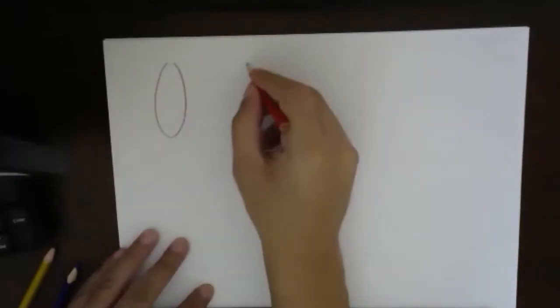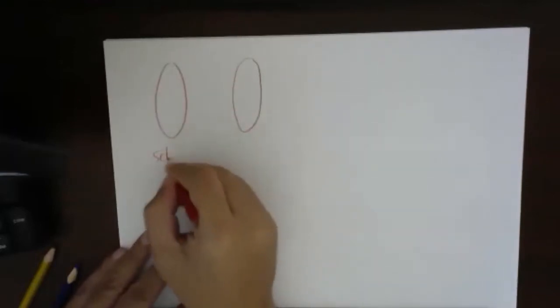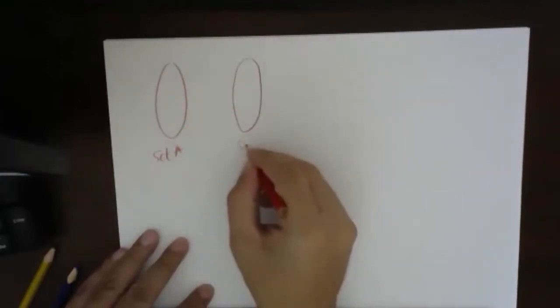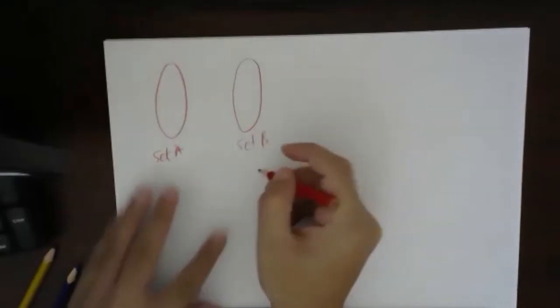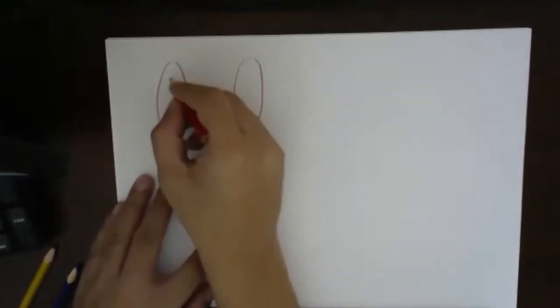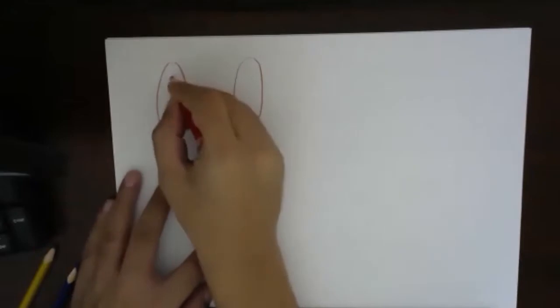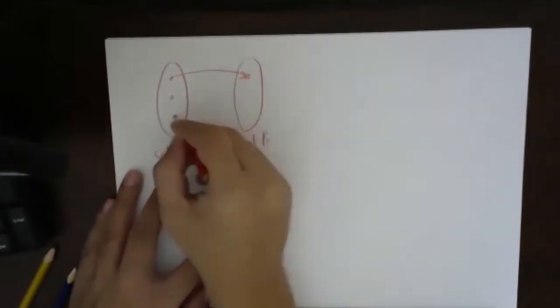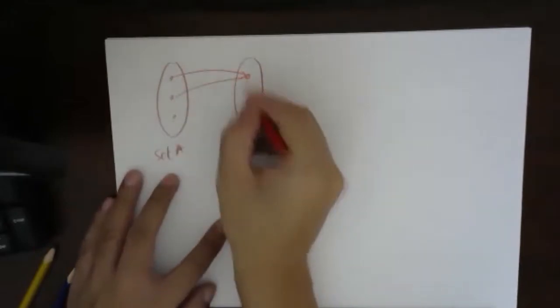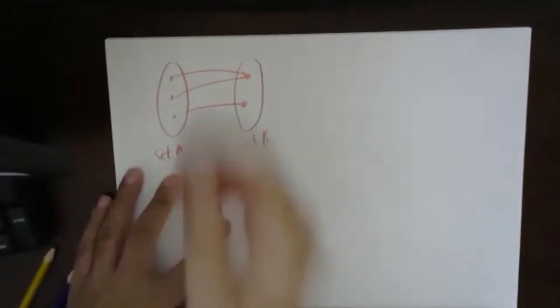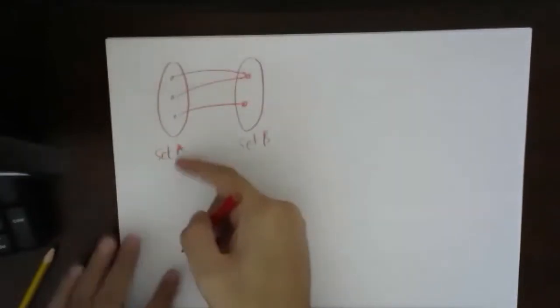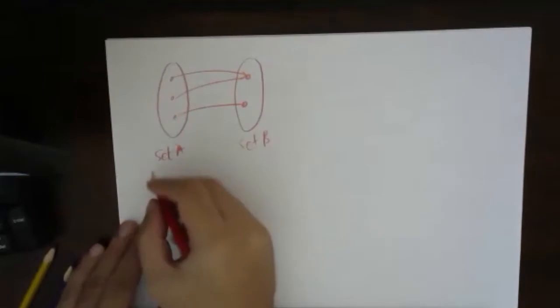From any set A to set B, if we have a mapping, and if it's a special kind of mapping, we know that this is a function. Suppose we have a mapping, and this set A from which the mapping is happening is known as the domain.